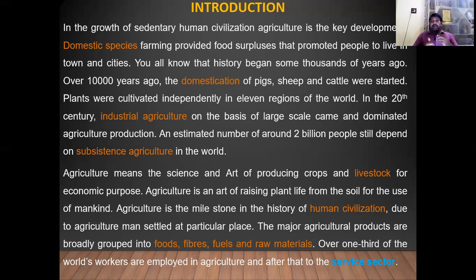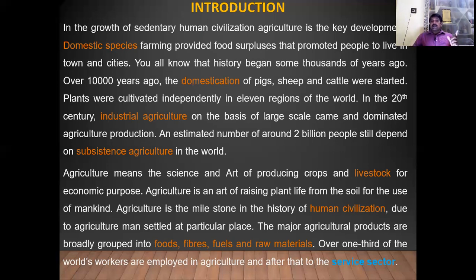An estimated 2 billion people still depend on subsistence agriculture in the world. Agriculture means the science and art of producing crops and livestock for economic purposes. Agriculture is an art of raising plant life from the soil for the use of mankind. Agriculture is the milestone in the history of human civilization.